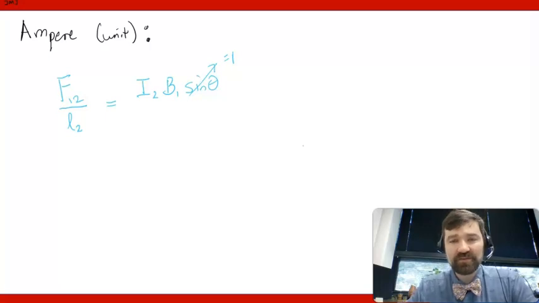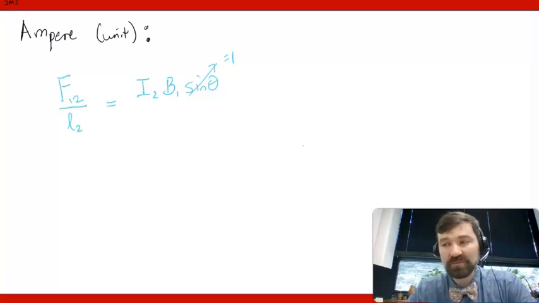But we know that theta is 90 degrees because B and IL are perpendicular vectors. There may be a plus or minus sign if we're keeping track of directions, but the magnitude of sine theta is just 1 in this case. Alright, so that's the force per unit length.